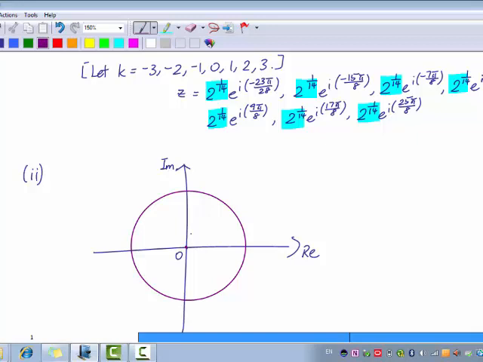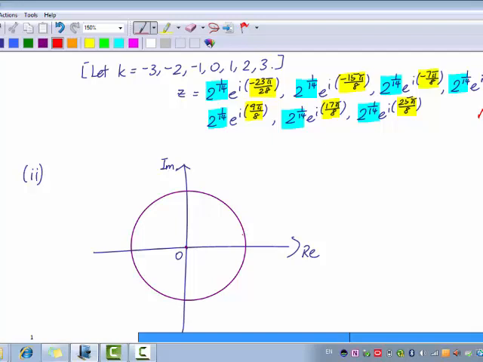Now, what about the roots? If you look at the arguments of all the roots, notice that there's a pattern to them. They will be evenly spaced out on the circle. So, let's start with pi over 8.